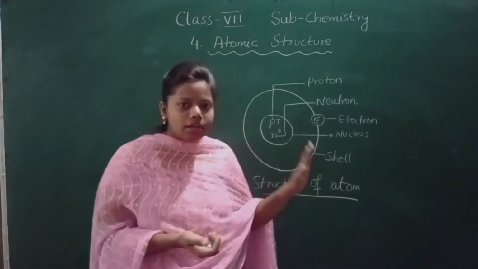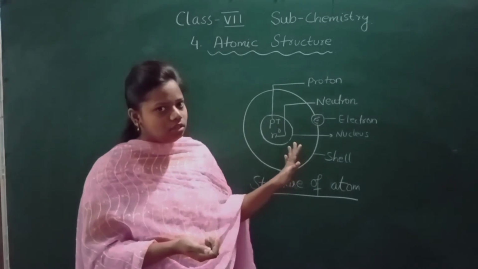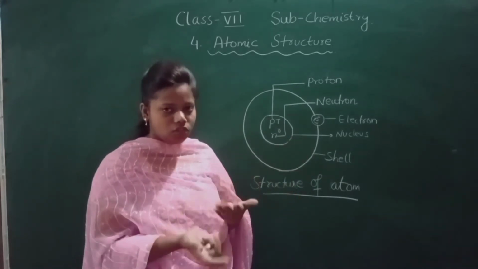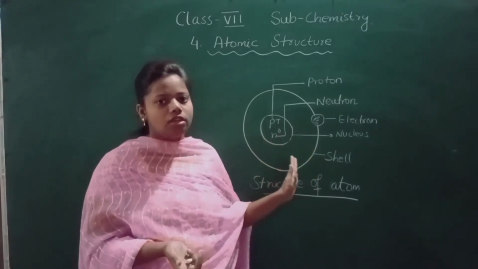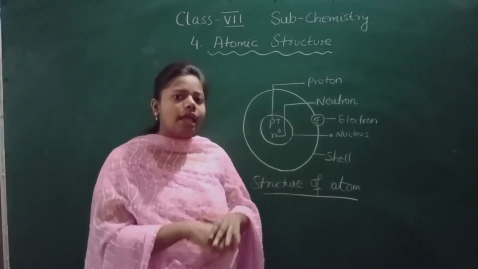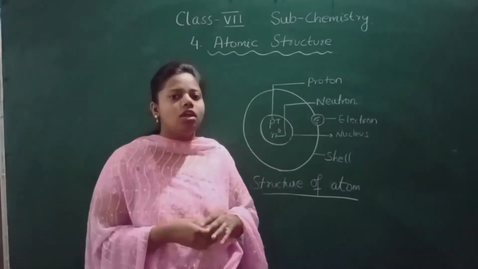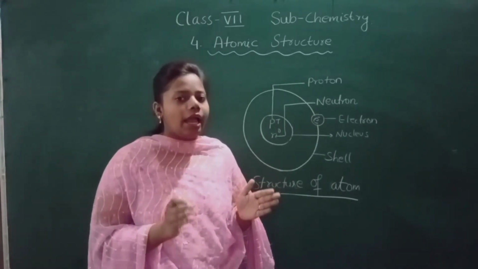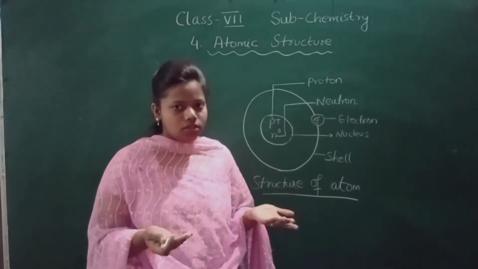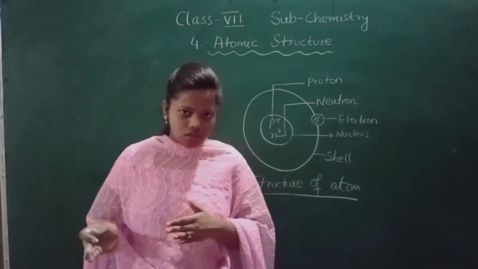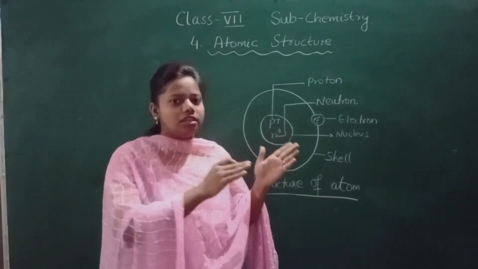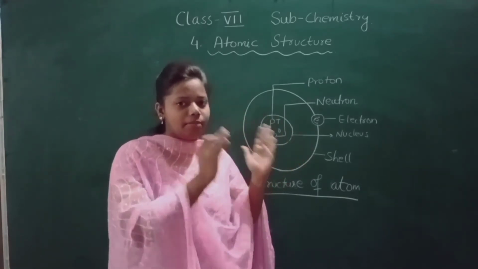Now, atom has three particles with different charge. Proton has positive, electron has negative, and neutron has what? No charge. But atom as a whole has which charge? Till now, whatever I have taught you about the elements, have I written any plus sign or minus sign?